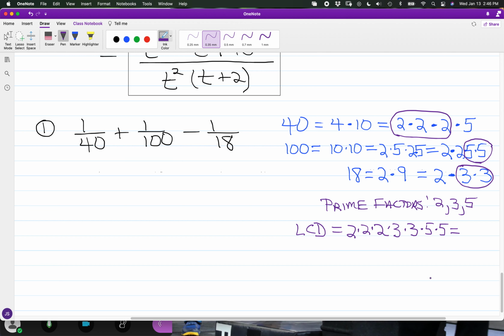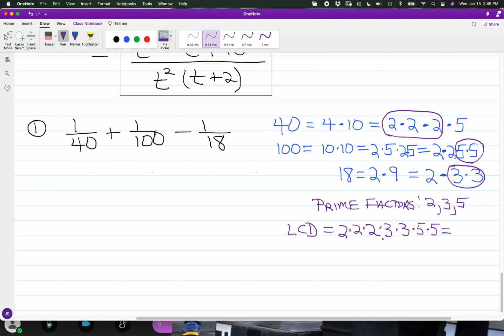And for what we're going to have here, you have 8, 3 times 3 is 9, so you have 72, and 5 times 5 is 25, and 72 times 25 will come out to 1800. That is going to be the smallest number that all of 40, 100, and 18 will go into.